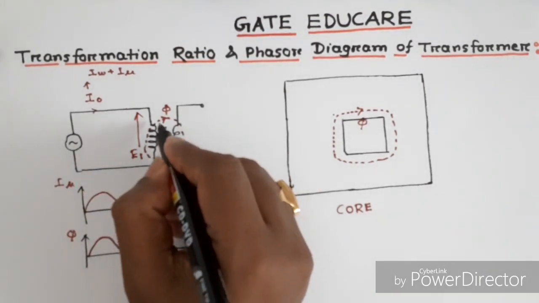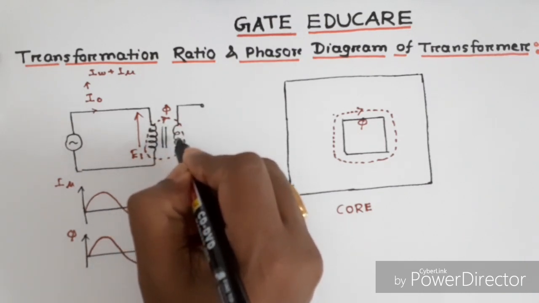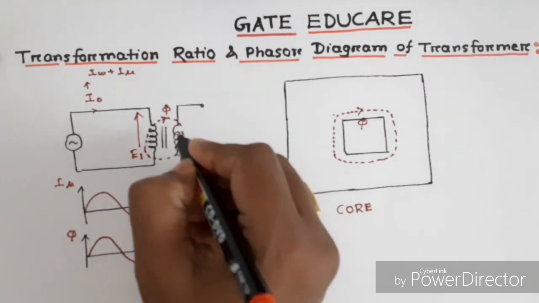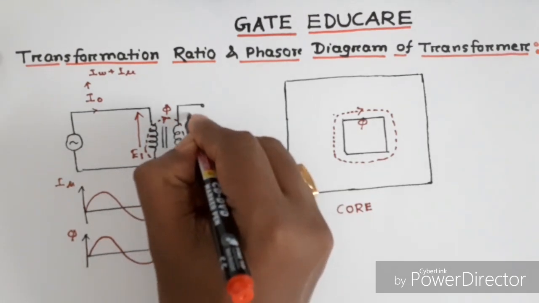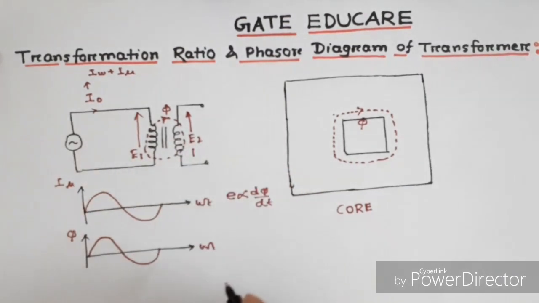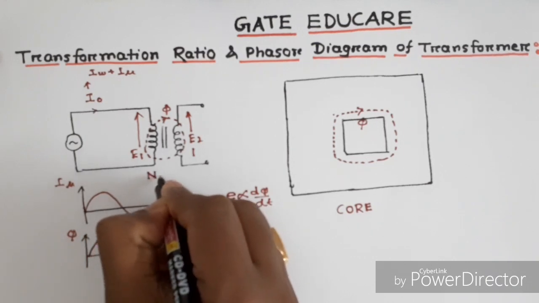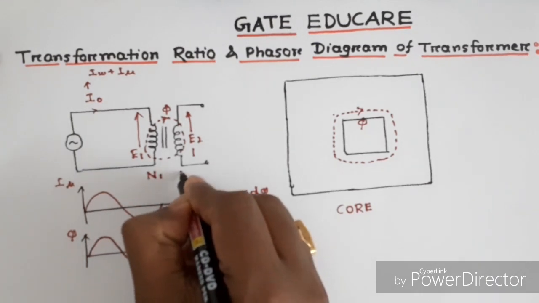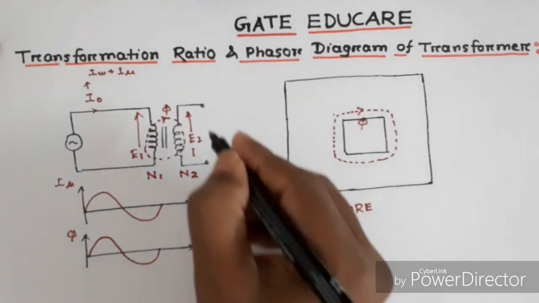Similarly, this flux also links the secondary winding, and the secondary winding also feels that there is a change of flux and EMF E2 will be induced in the secondary winding. Let the primary winding have N1 number of turns and the secondary winding have N2 number of turns.